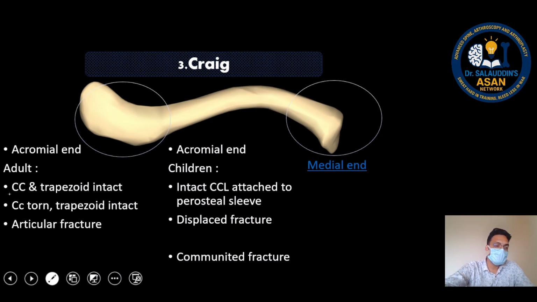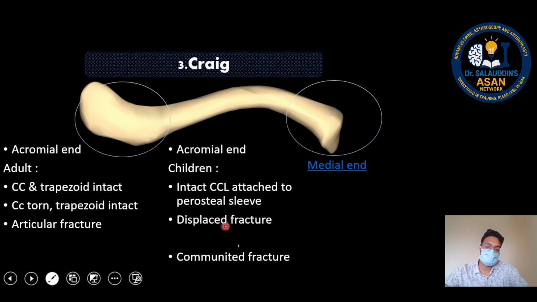In the adult, same as Neer, the coracoclavicular ligaments, the conoid and the trapezoid, are both intact. In the second type, the conoid is torn and the trapezoid is intact, and the third is an intra-articular fracture. These are the three types in the adult. Then in children, as we have discussed, the fourth type of Neer, where the coracoclavicular ligaments are intact and attached to the periosteal sleeve.